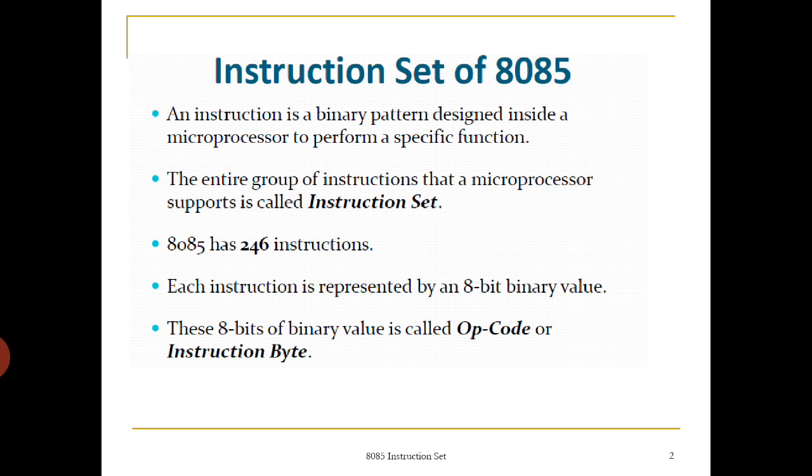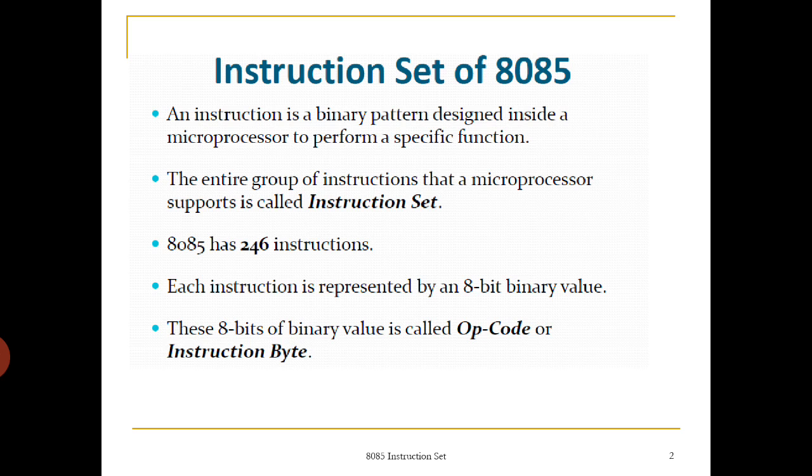So what is an instruction? An instruction is a binary pattern designed inside a microprocessor to perform a specific function. Instructions are given to a microprocessor for performing specific functions.